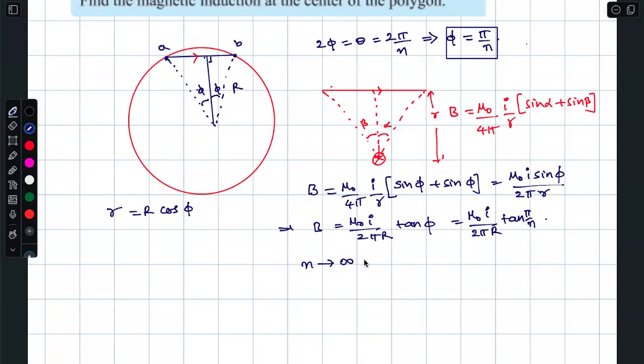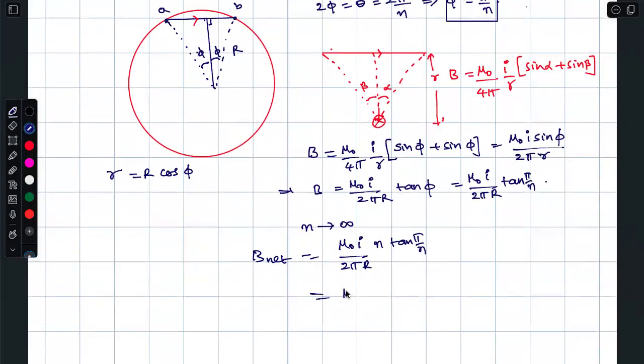Then you are not getting the correct answer. There is some mistake in our approach. I will correct it. Actually, this is only due to one side. So B net is mu naught I by 2 pi r, n times tan pi by n.